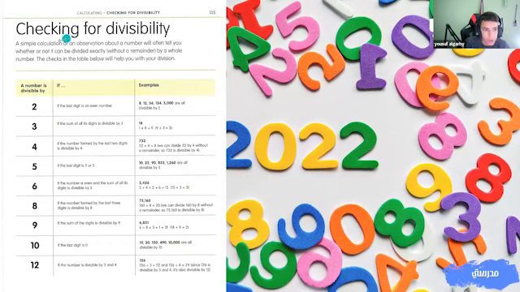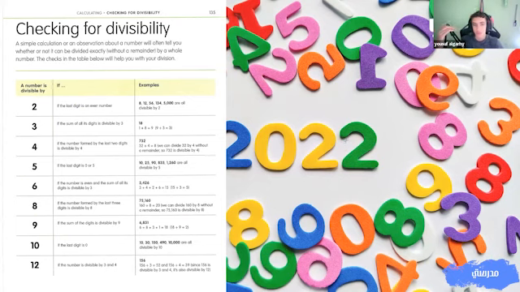Okay, so I think this will be the last one. We're just going to go through the table and explain everything. A number is divisible by 2 if the last digit is an even number. You guys know what even numbers are, right?